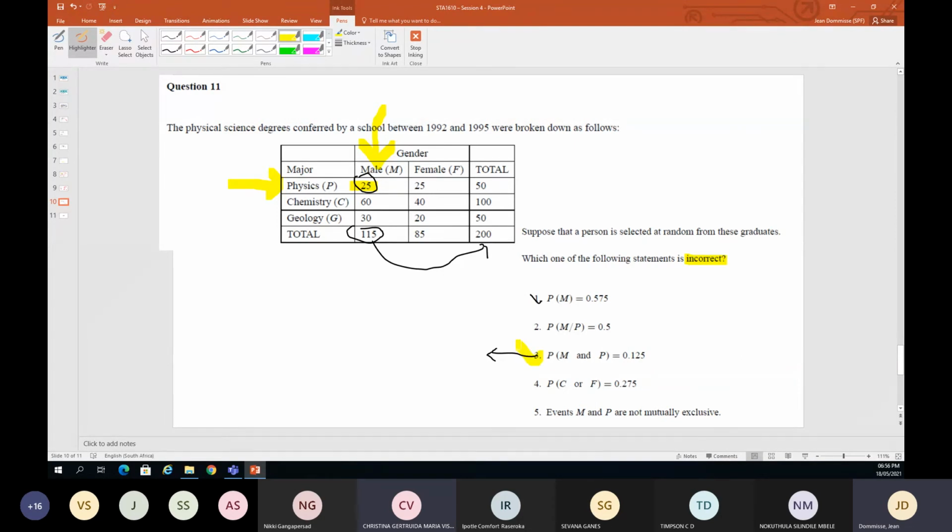So that is also correct. Okay, so how I normally would have done it in the exam is nearly to look for the easiest ones to do first. If I look at M and P, for it to be mutually exclusive, M and P needs to be equal to 0.